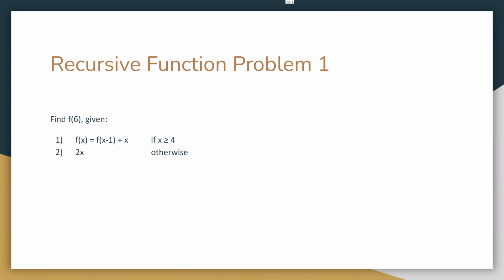This function says if x is greater than or equal to 4, the function result is the result of the function at x minus 1, plus x. Otherwise, it's 2 times x. Now, can you guys find F6? Find the result of F6?